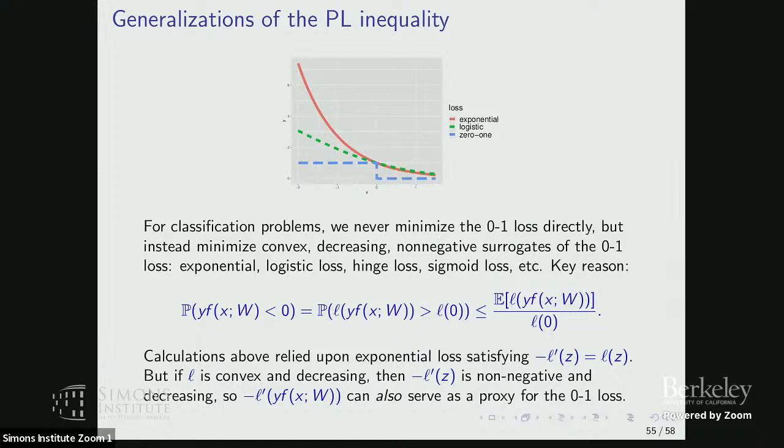Well, because if it's convex, then L prime prime is positive, so minus L prime prime is negative, so it's going to be decreasing. And we also know that it's non-negative because negative L prime is non-negative, because L is a decreasing function. And so the main idea is that if you have some convex and decreasing loss, minus L prime is something that you can treat as a loss function itself.